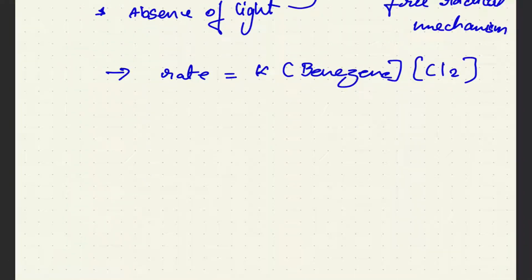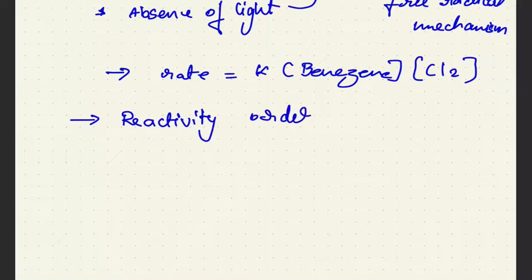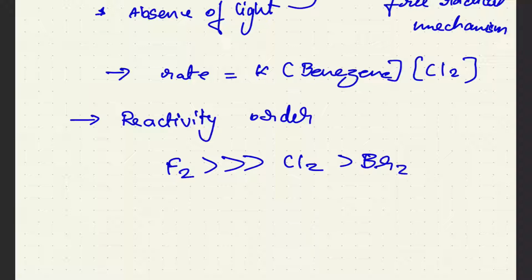Now, as we are considering the halogens, let's see the reactivity order for halogens for this reaction. Fluorine is very reactive compared to chlorine, bromine, and the least reactive is iodine.